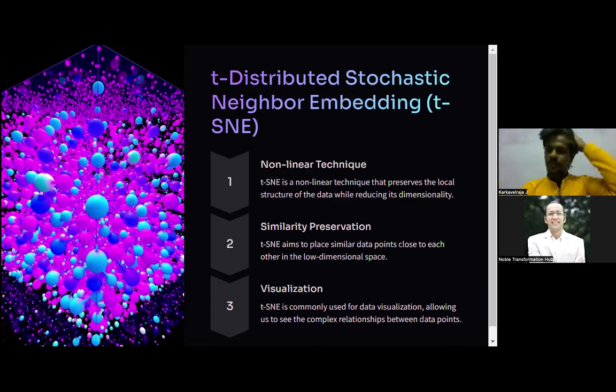Since there are a lot of data points, it helps us show the important ones which are relevant for the objective function and for the model. This is how we use t-SNE as a dimensionality reduction technique. Let's move on to the next algorithm.